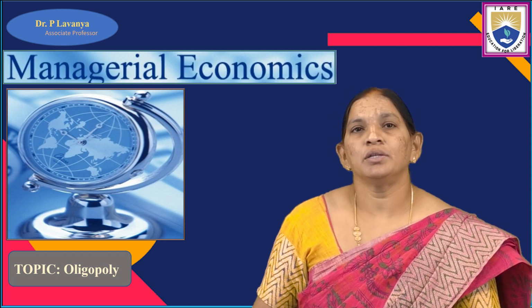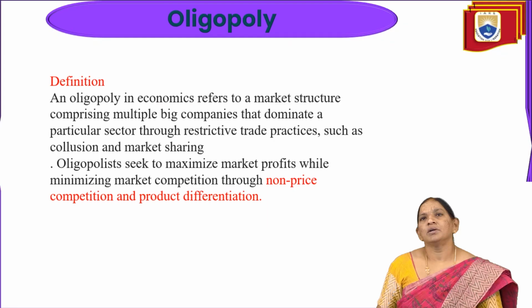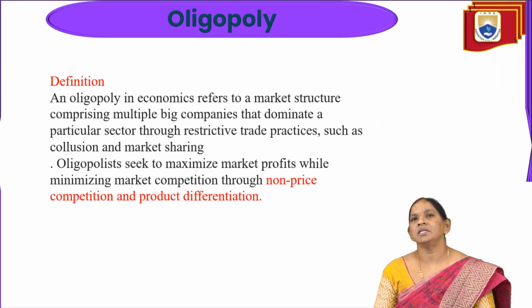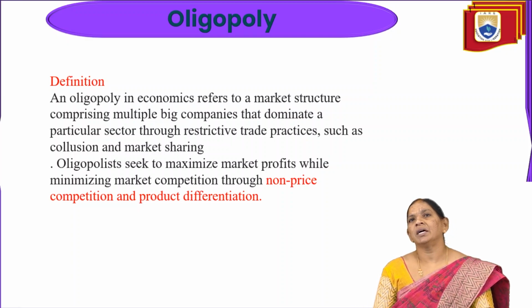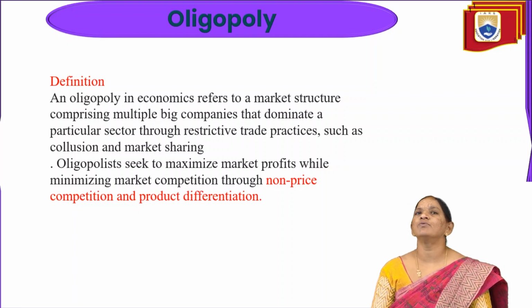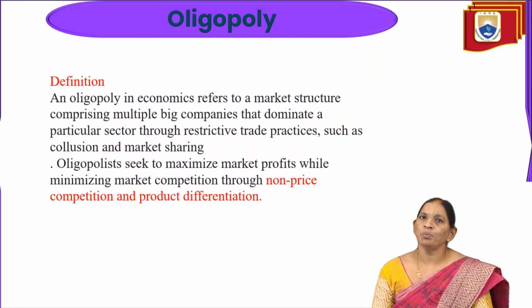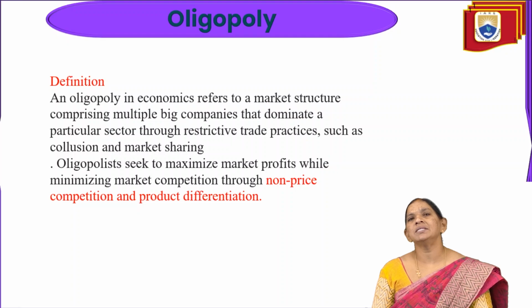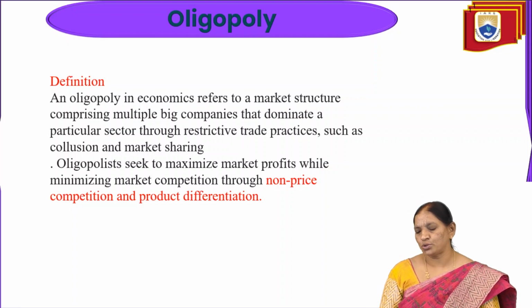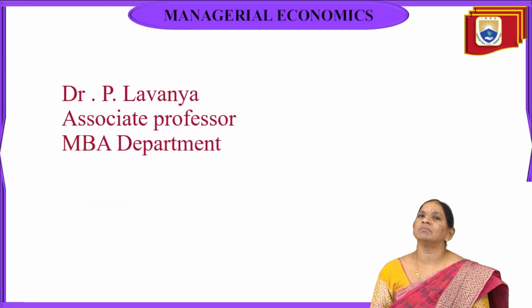Today's topic is related to the oligopoly market. From the last sessions, we have seen the different types of market structures, relating to perfect and imperfect market structures. We came across the imperfect market structure, consisting of monopolistic, oligopoly and duopoly. So this is the third situation of the market structure in imperfect markets.